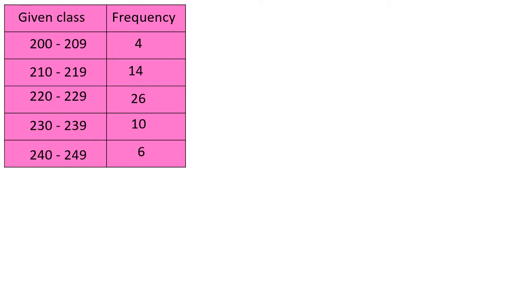The table indicates different groups: 200 to 209, 210 to 219, 220 to 229, 230 to 239, and 240 to 249. You will find that no single number is repeated in the second class.